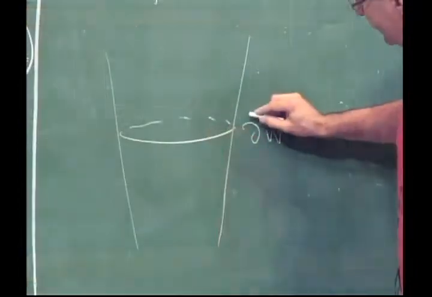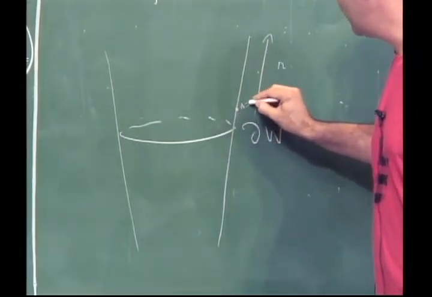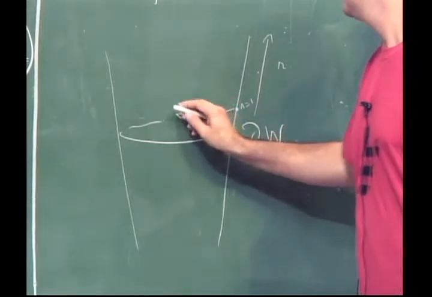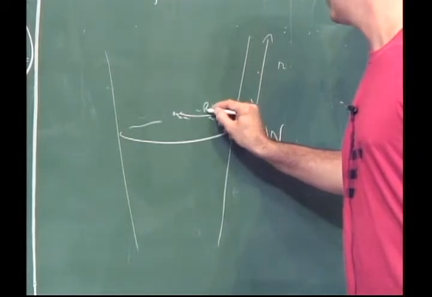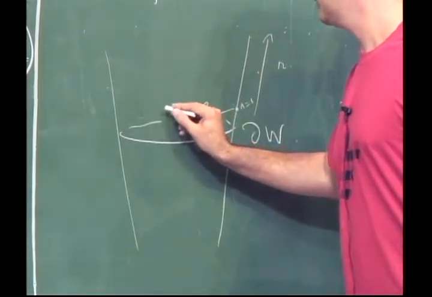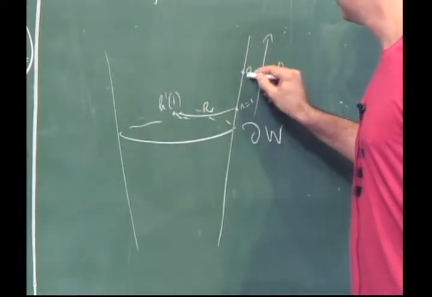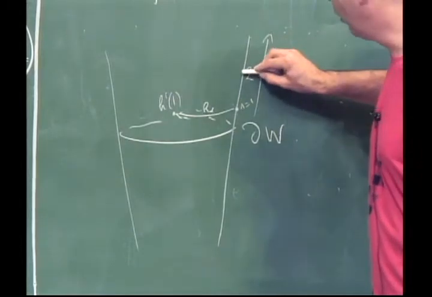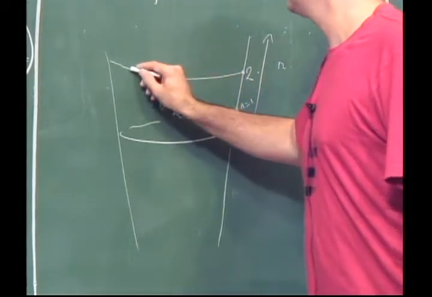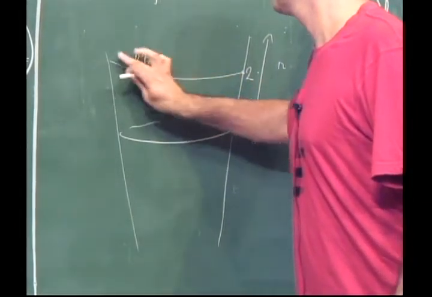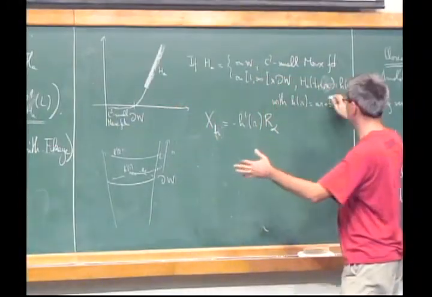So at level r equals 1, I move along minus the Reeb vector field by a time equal to h prime of 1. At level 2, I go along minus the Reeb vector field by a time h prime of 2, which is strictly larger because h is convex.